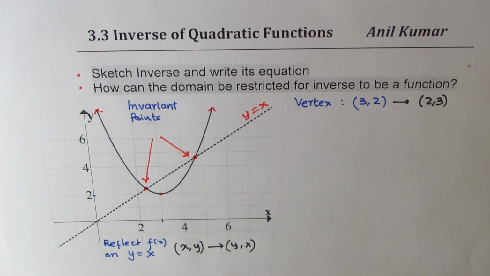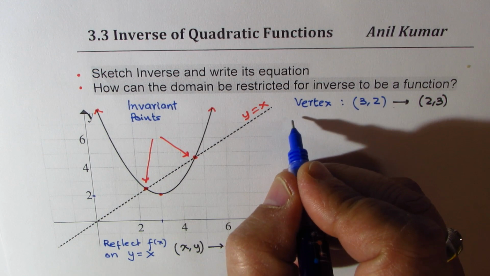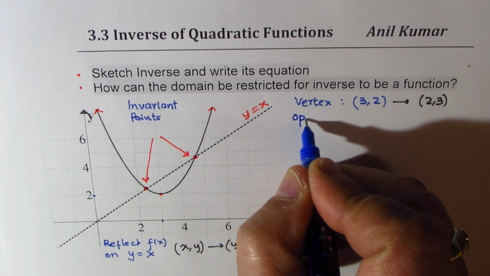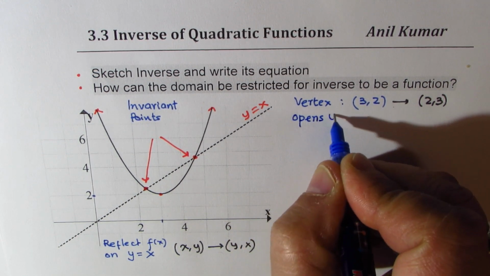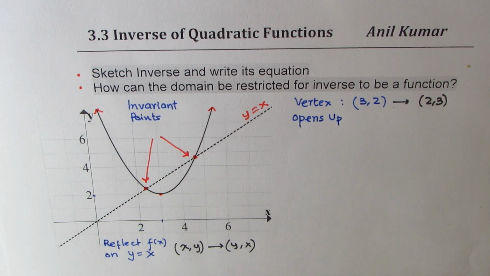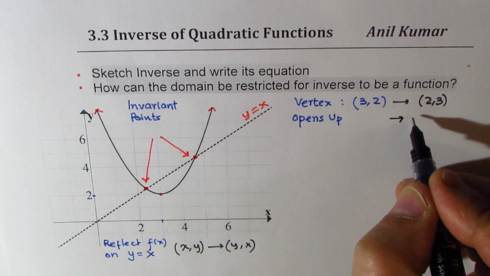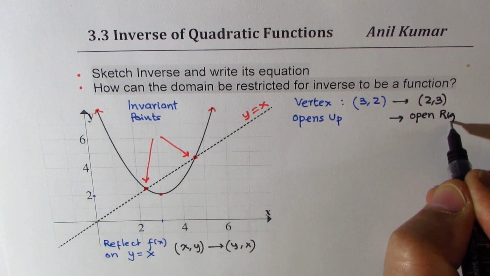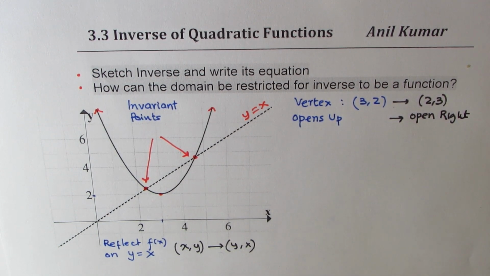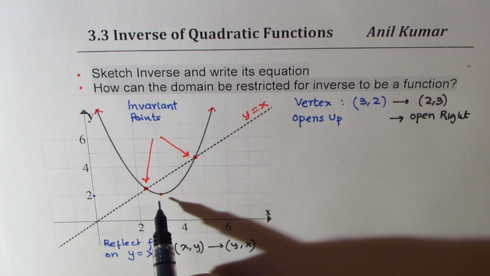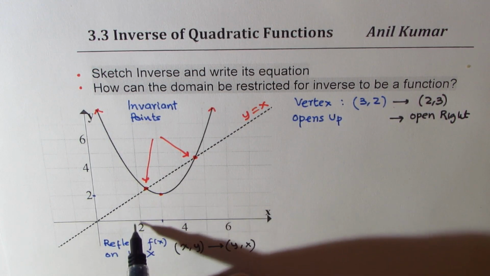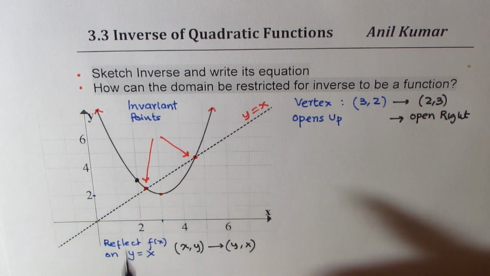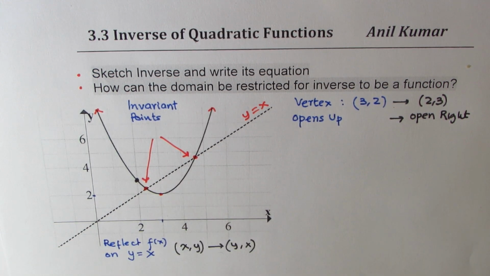As you can see here, this is a parabola which opens up. So when you do inverse, then it will open right. Okay. So this point here, which was at 3, 2, will now be at 2, 3. So this point changes to that point on the inverse function.